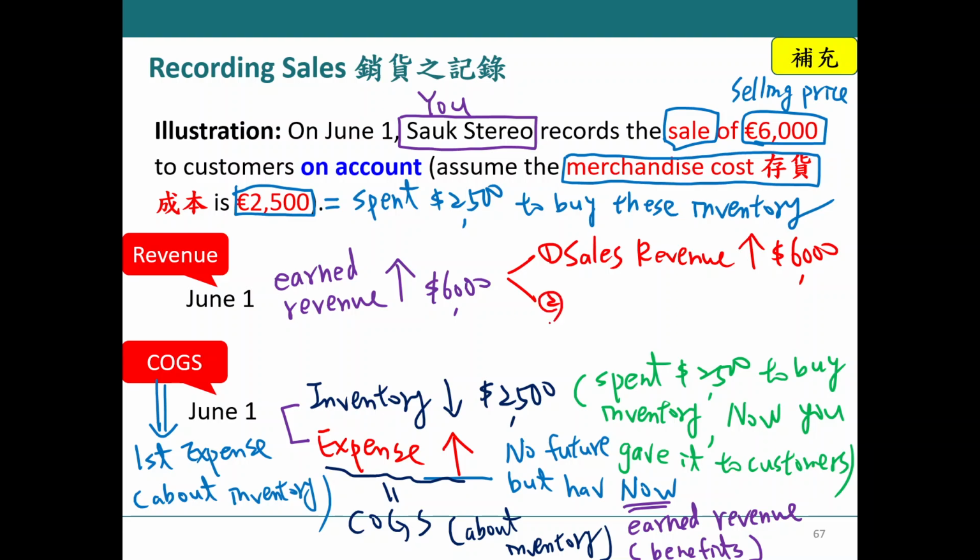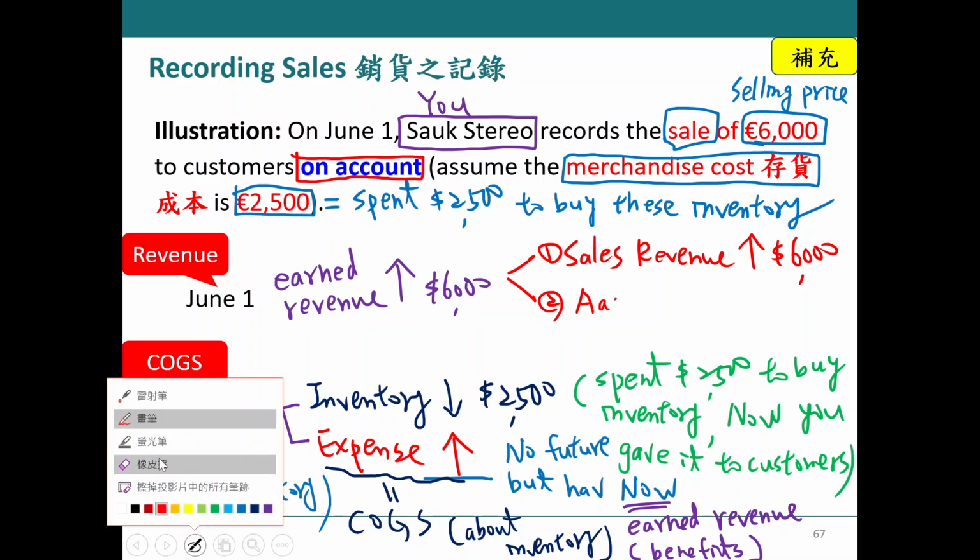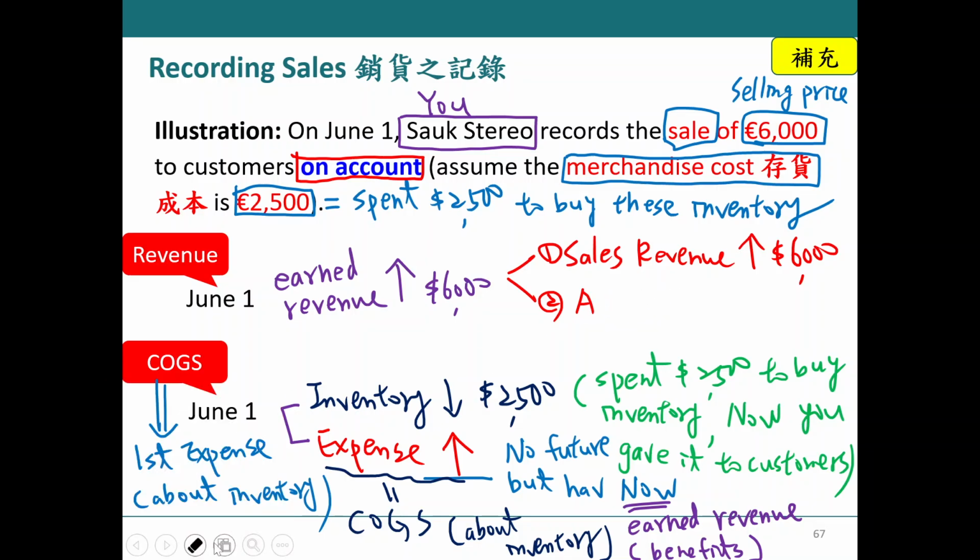You have to ask, it's about customers, right? Have customers paid the money yet? Most of the cases, they don't, okay? Here it also tells you on account, so they didn't pay the money yet. So on account, customers owe you money. Which account do we use? Accounts receivable, right? So our accounts receivable increase.